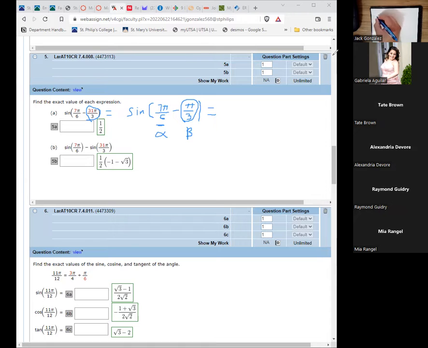Example 2, problem 5, part A. So we change sine of 7 pi over 6 minus 31 pi over 3. We change that guy into sine of 7 pi over 6 minus pi over 3. There we go.